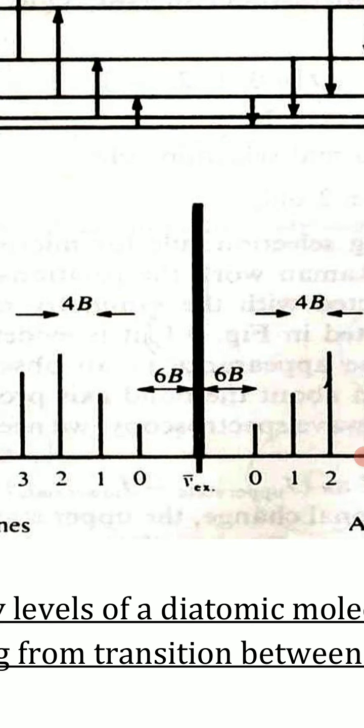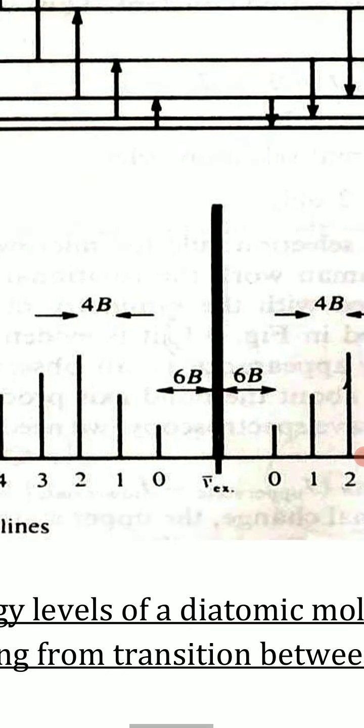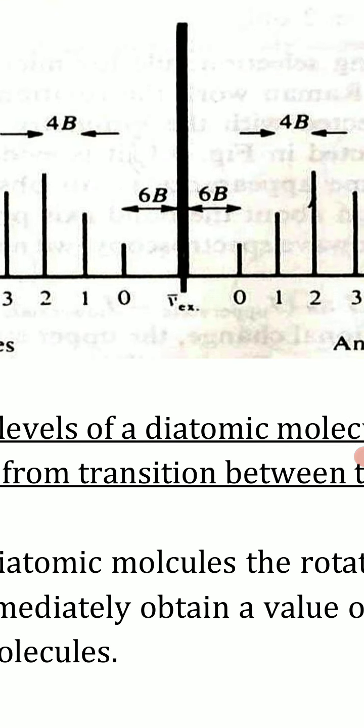This spectral line is denoted by number 0. So this 0 is value of J, and it is the lower value of J for two levels in between which transition takes place. So for this transition, when transition takes place from J equal to 0 to J equal to 2, this is written in this diagram as 0.